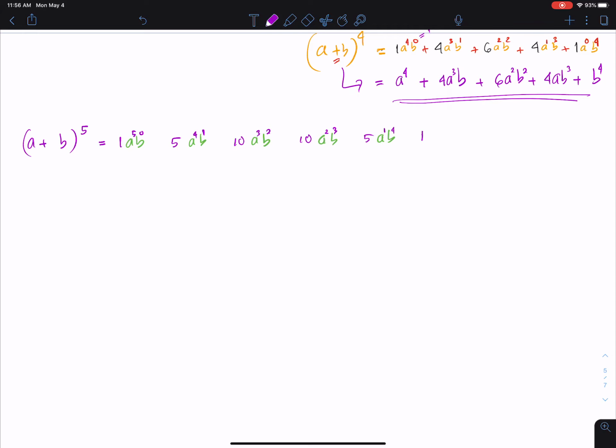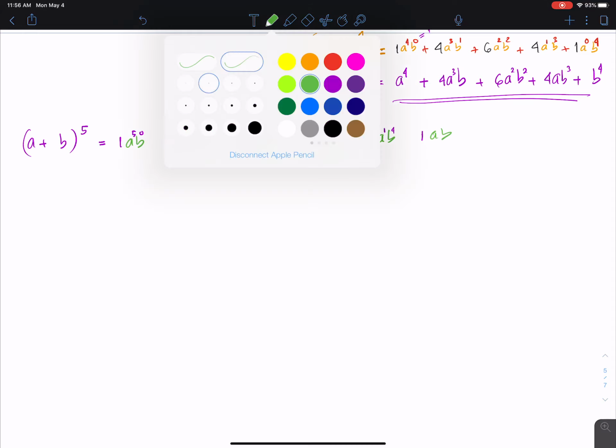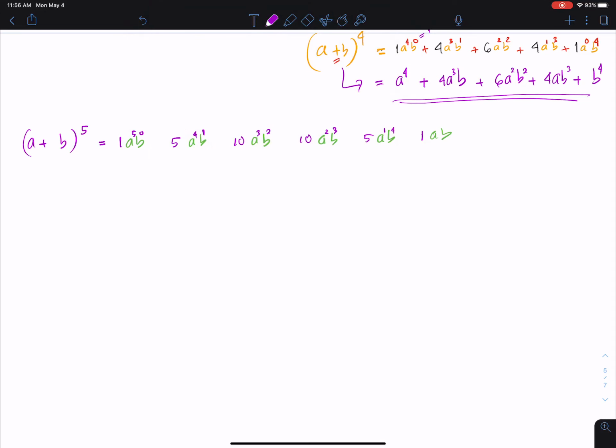So I missed the first one just now. So this one is 0 5, and since this is a plus b, all positive.